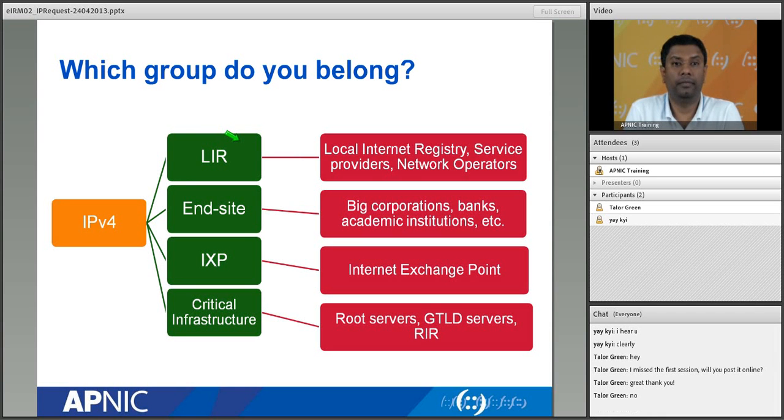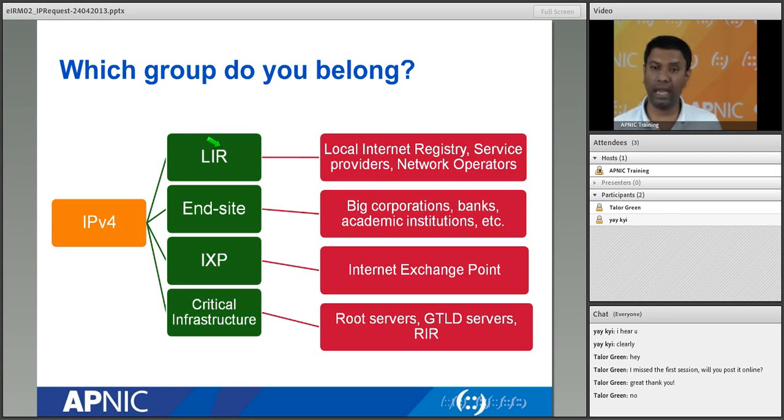As I said, if you see this slide, to qualify to get an IPv4 address, if I summarize the whole concept, either you have to be an LIR, a local internet registry. LIR stands for Internet Service Provider, who provides services. If you are a bank, you provide service to your customer, definitely.